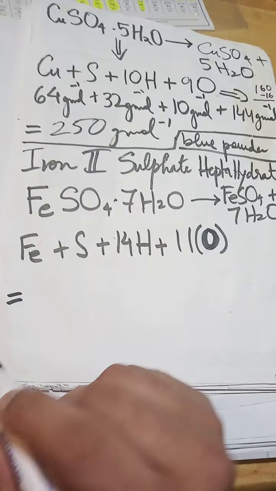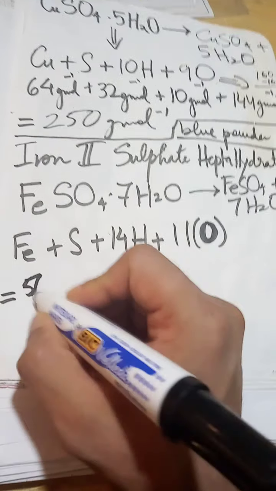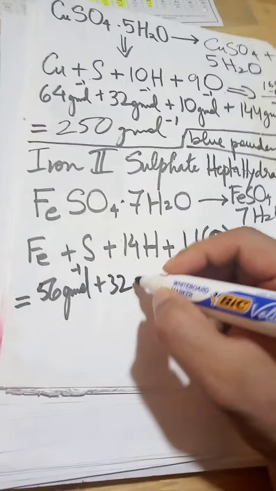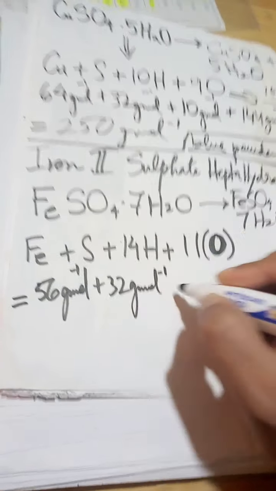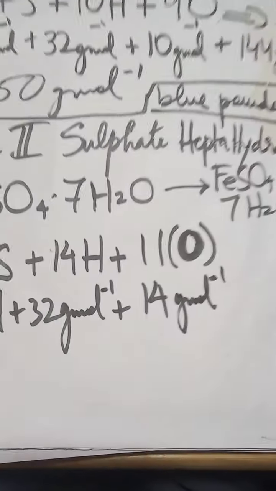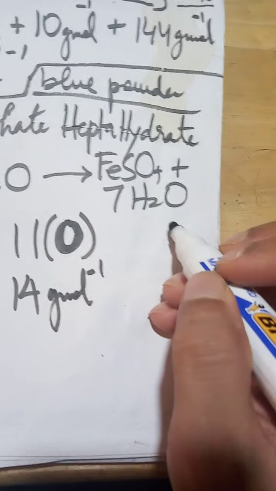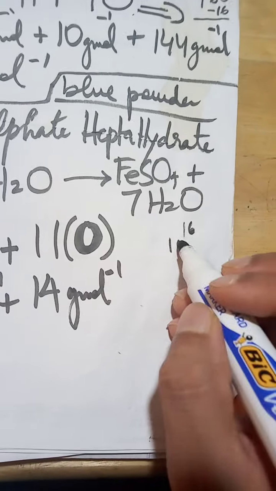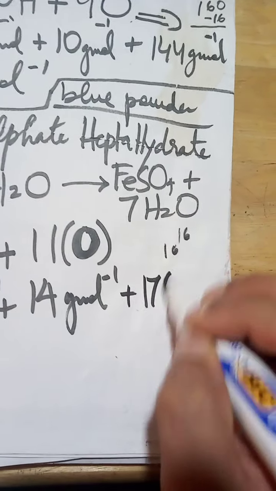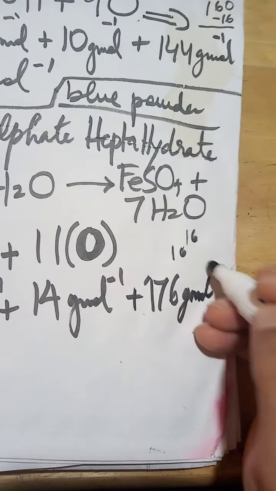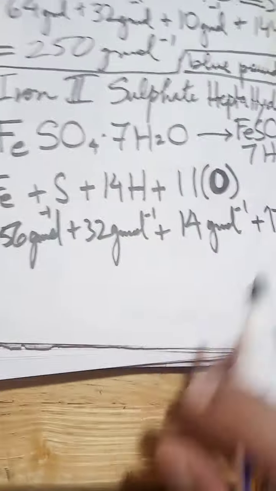So then we do 56 grams per mole, 32 grams per mole plus 14 grams per mole, and 11 times 16 is 176. So that's 176 grams per mole.